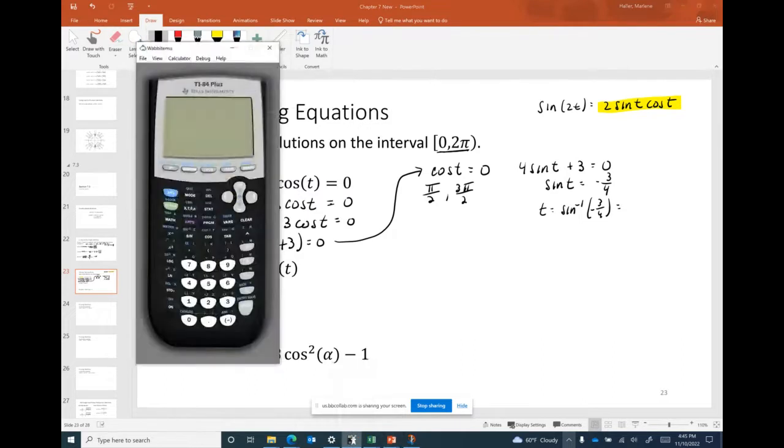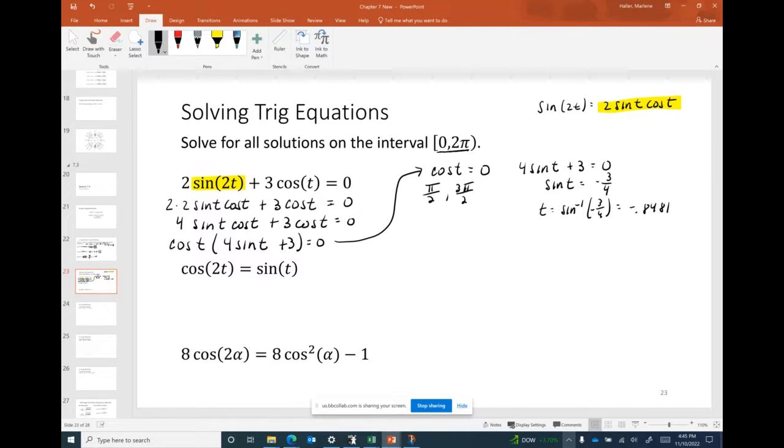Let's see what that value is. The inverse sine of negative 3/4 is negative 0.8481.